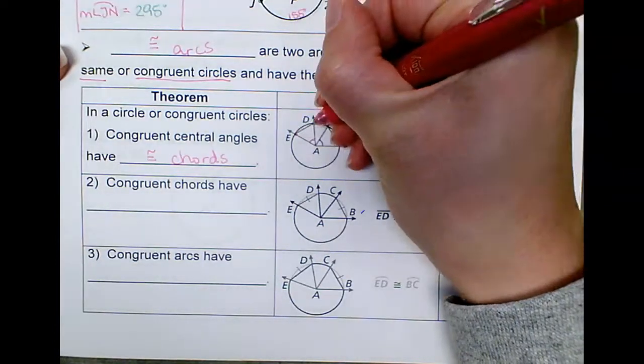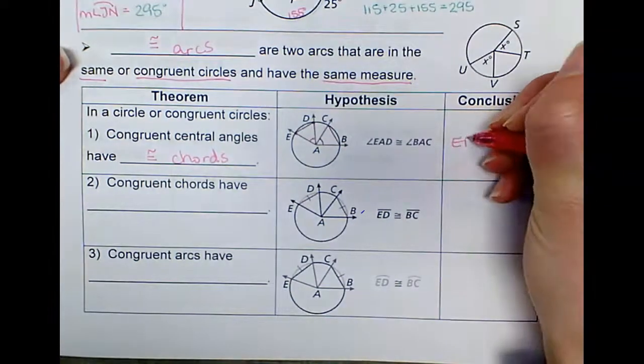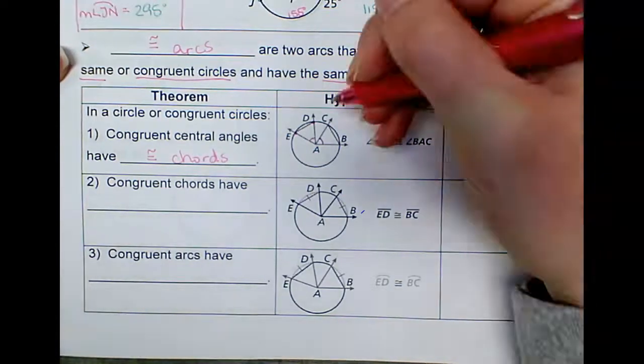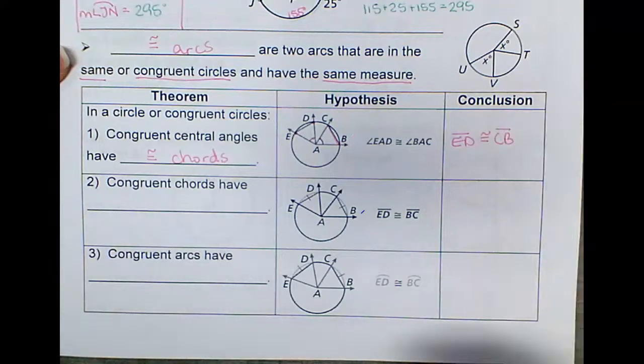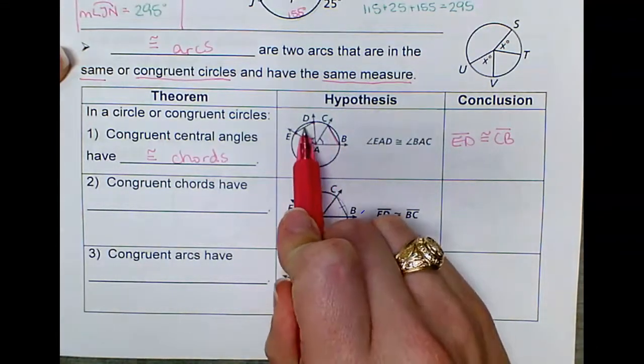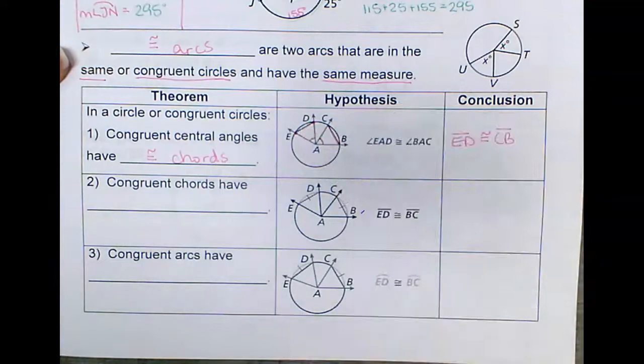So ED is congruent to CB. So congruent central angles create congruent chords between them.